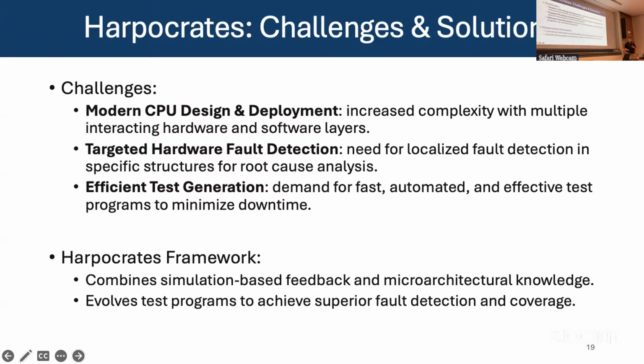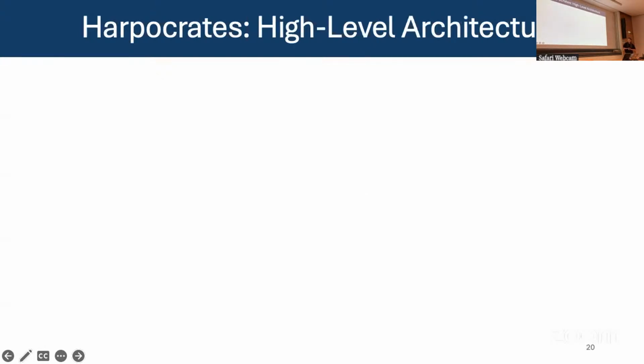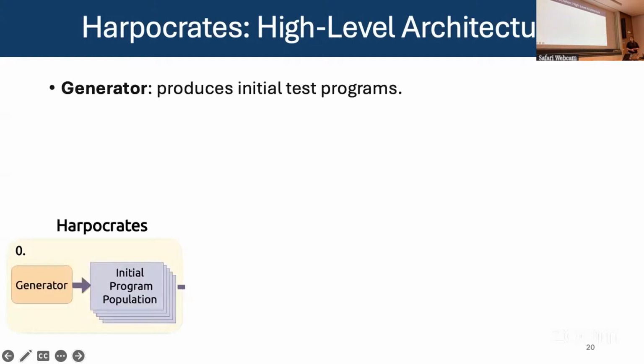And the Harpocrates framework combines simulation-based feedback and microarchitectural knowledge, and it evolves test programs to achieve superior fault detection and coverage. So now, taking a look at the high-level architecture. As mentioned previously, Harpocrates consists of three components.